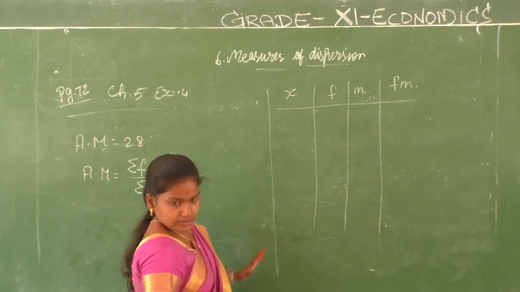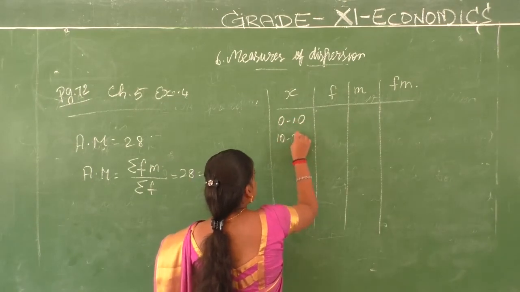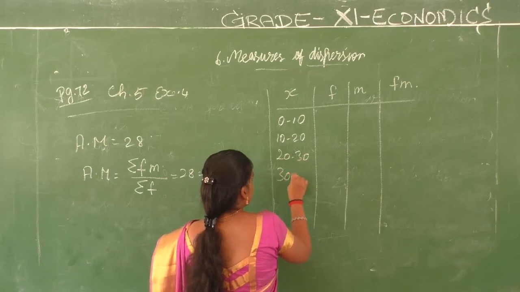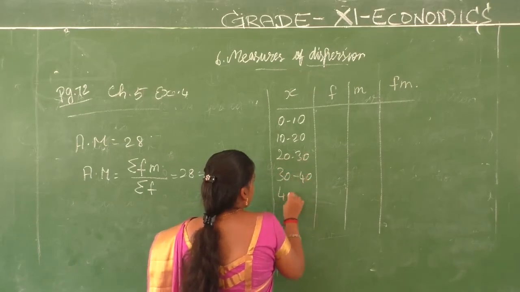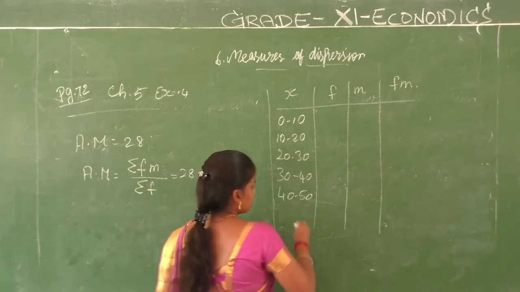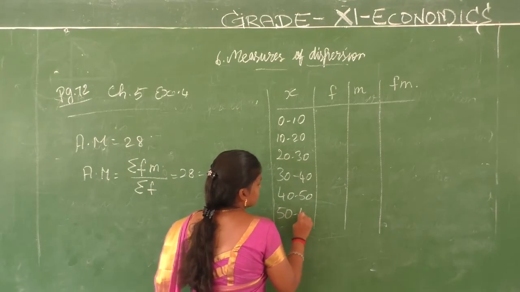So what are the x values given? We have 0 to 10, 10 to 20, 20 to 30, 30 to 40, 40 to 50, and 50 to 60.